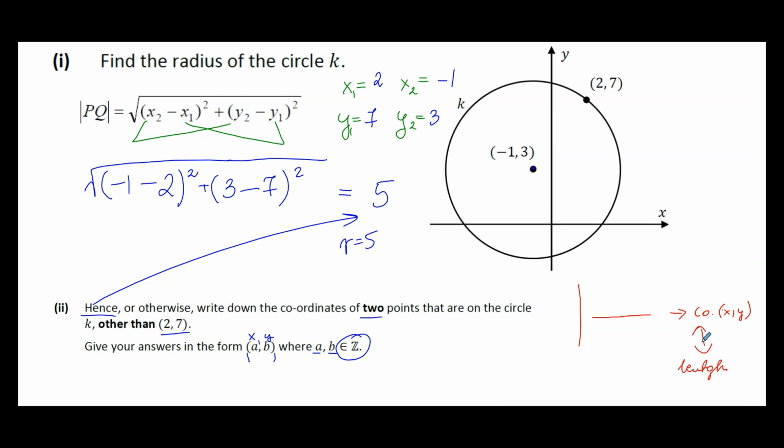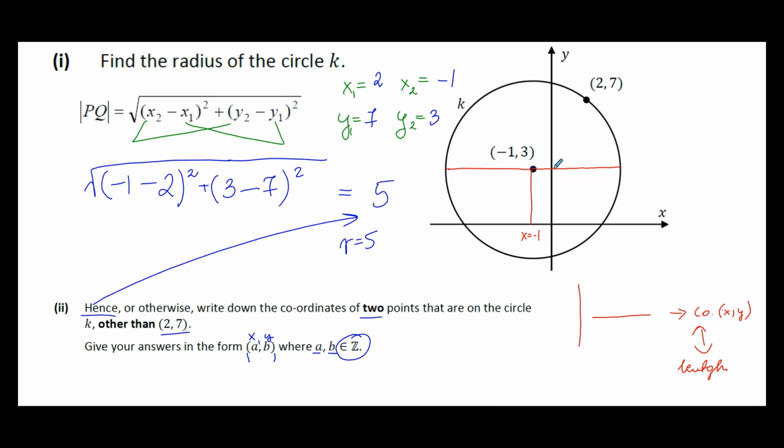Right, so with vertical and horizontal lines, either we can use length to read coordinates or coordinates to read the length. So why am I bringing up horizontal and vertical lines? Because if I go across like that and across like that, just horizontal lines.